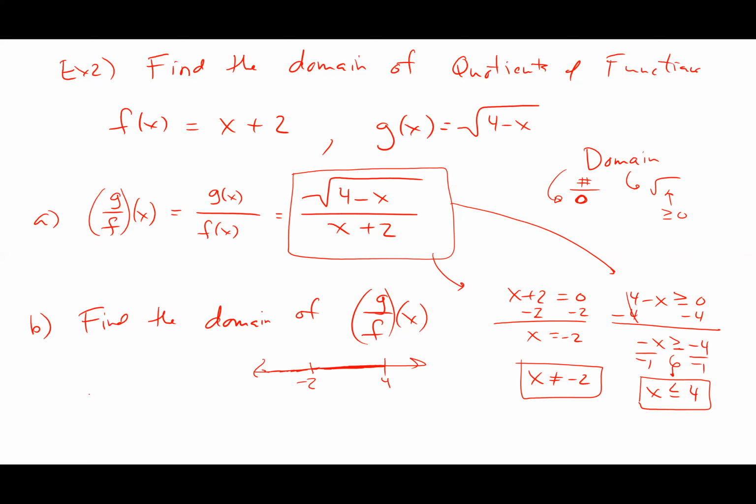We can say the domain of g over f, and you can write g over f of x if you like, is x less than or equal to 4 and x does not equal -2. That's one way of writing it.